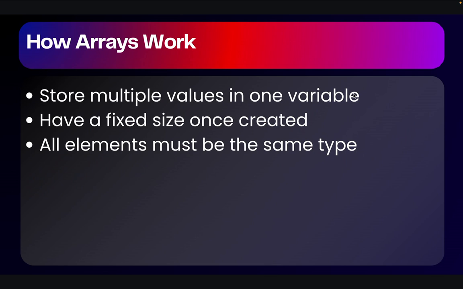So it's basically a way to store things that are in common all in one variable. Think of it as sort of a container. Now, they do have a fixed size once you create it, and that size depends on the elements inside of it. But the elements inside of that array have to be the same type, and when I'm referring to type, I mean data type.